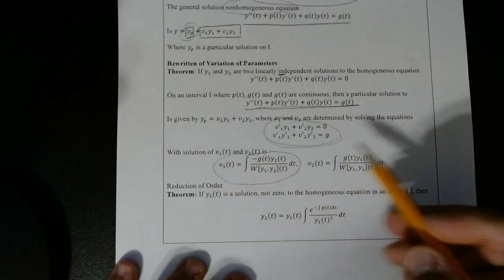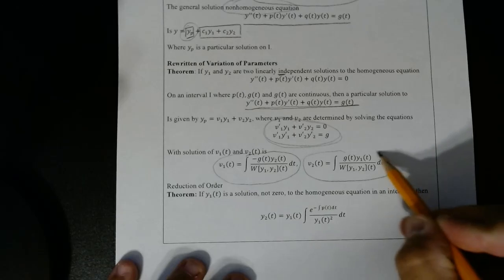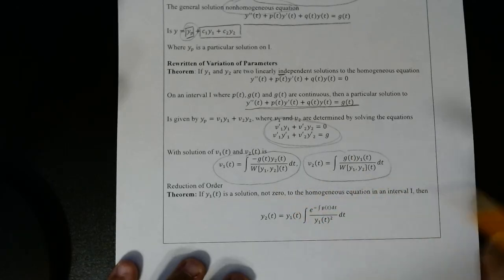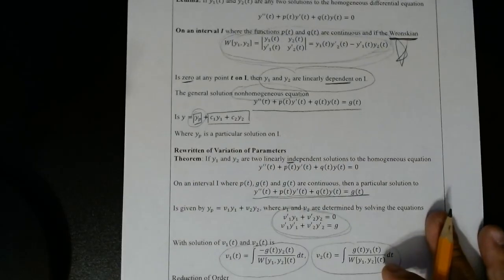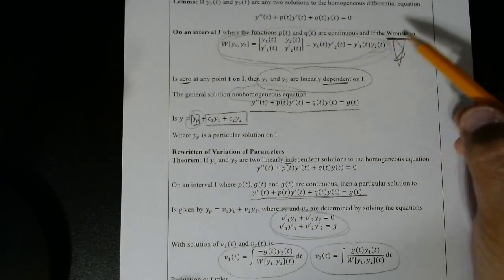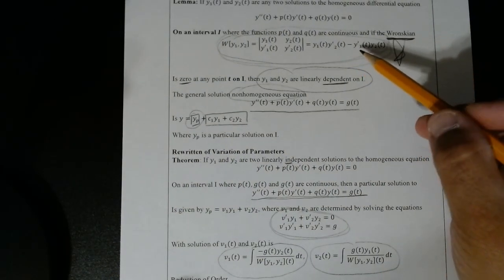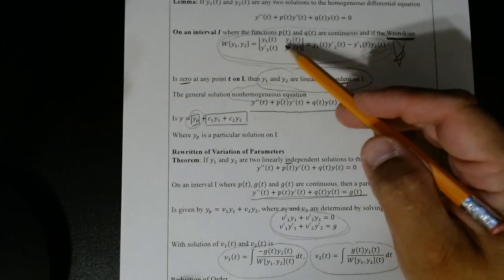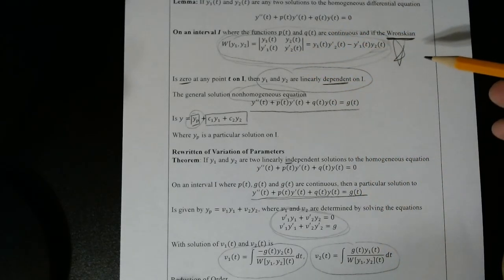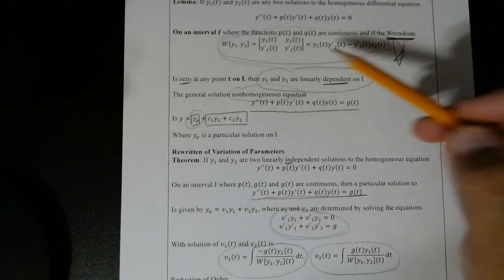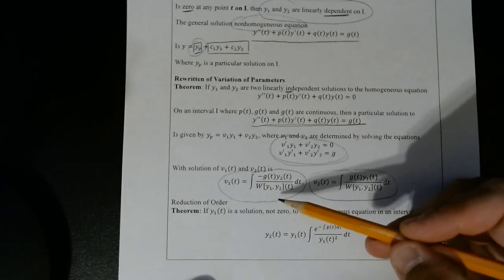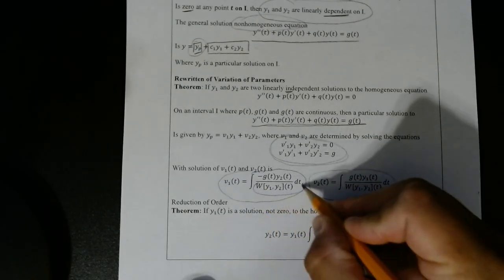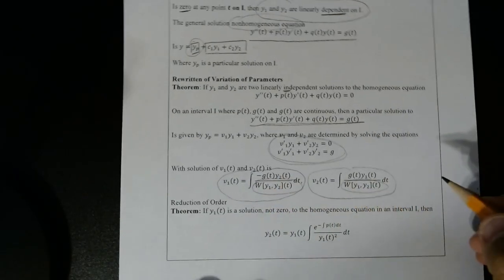And this is the reason why the Wronskian cannot be 0, because we're dividing by 0, which is not allowed. Okay? So this is an easy way to see if you actually have linearly independent solutions. So if you're asked, are these two actual solutions, or linearly independent solutions, just check the Wronskian. Because if they are, this will work. If they're not, you'd have a big problem because this will end up being 0, which is a big no-no itself. Okay.